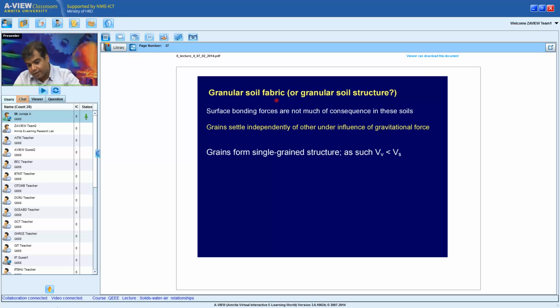That is why, when we speak about granular soil, although you speak about just the arrangement, you do say my soil structure of my sand is so and so. Although you only speak about arrangement, it's only because sands or granular materials have no interparticle forces.